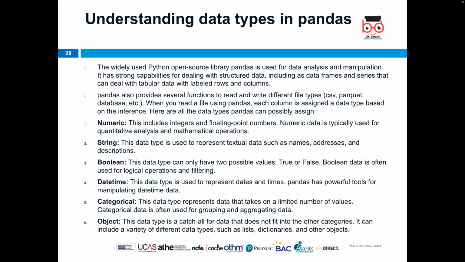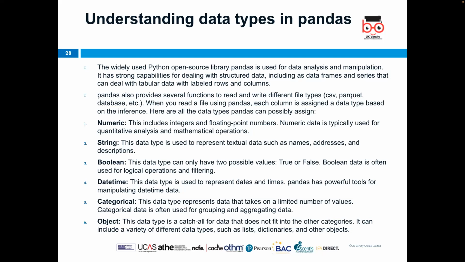Numeric. This includes integers and floating point numbers. Numeric data is typically used for quantitative analysis and mathematical operations. String. This data type is used to represent textual data such as names, addresses, and descriptions. Boolean. This data type can only have 2 possible values, true or false. Boolean data is often used for logical operations and filtering.